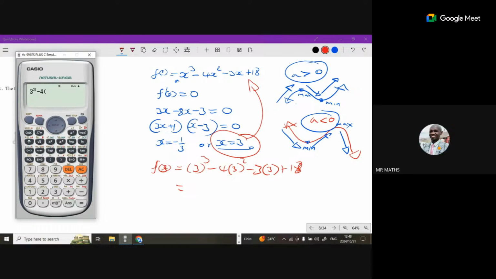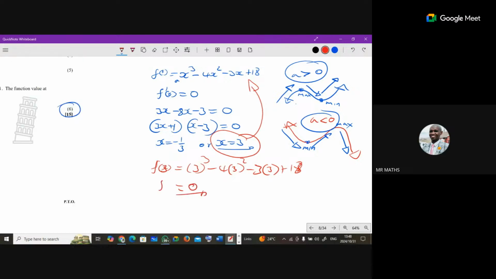You are getting 0, no? Then you take your 0. So you are saying f of x will be 0. Now this is the value of a turning point, one of the turning points. So you know that when x is 3, there's a coordinate 3 and 0. Are we together? Yes, sir.